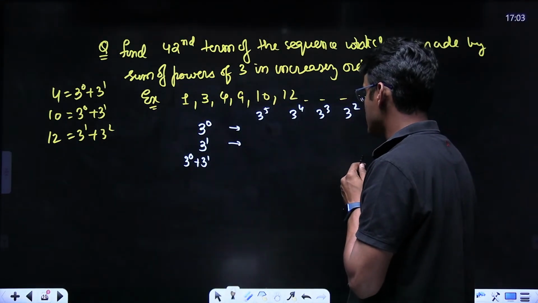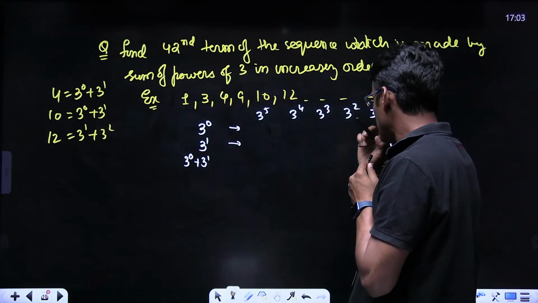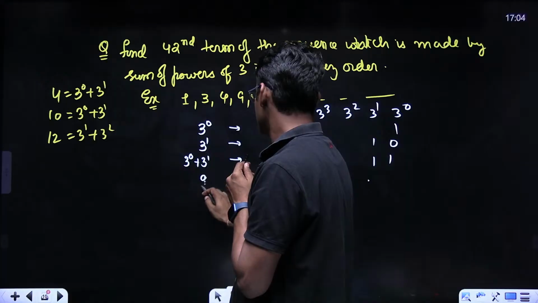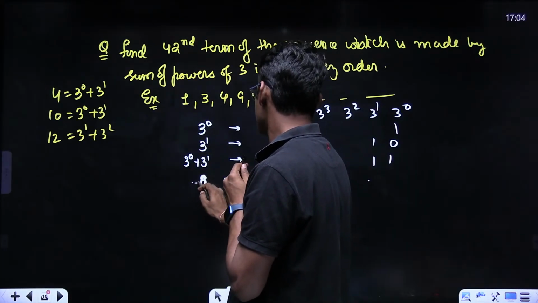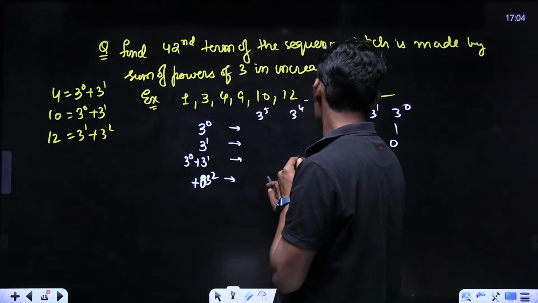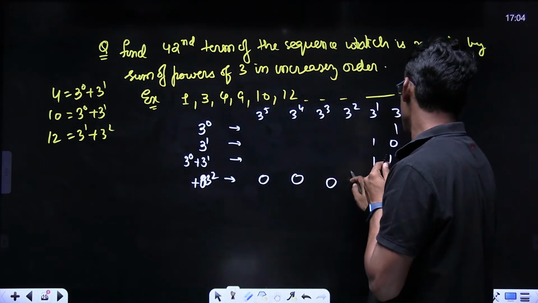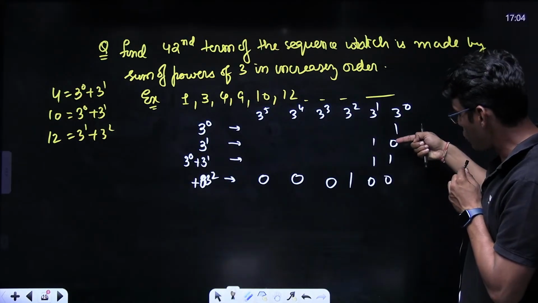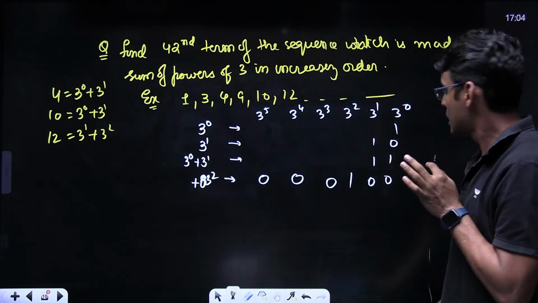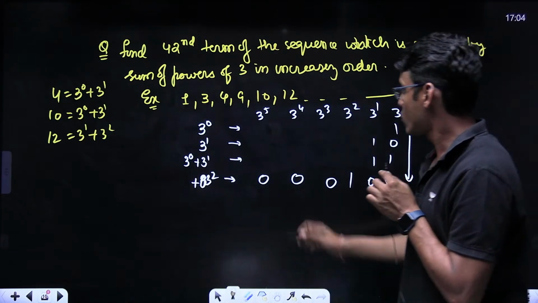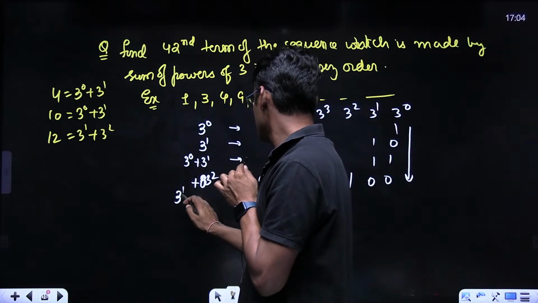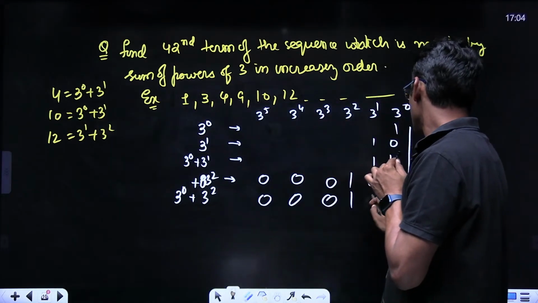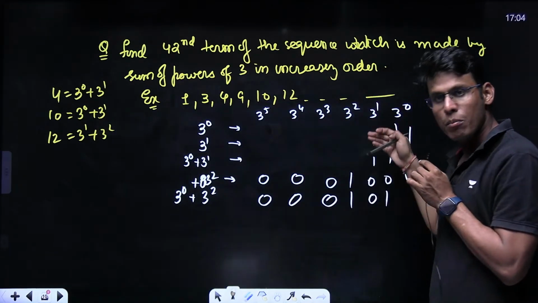So 1, 1. 9 is 3 to the power 2, so 0, 0, 0, 1, 0, 0. Now if you see here, it is 1, 2, 3, 4 in binary. So what is being done here? I am writing binary numbers here.